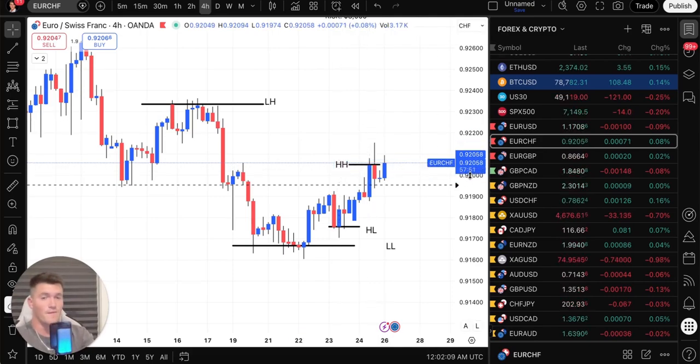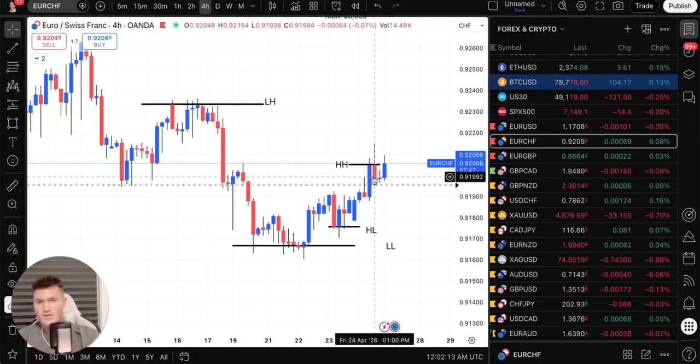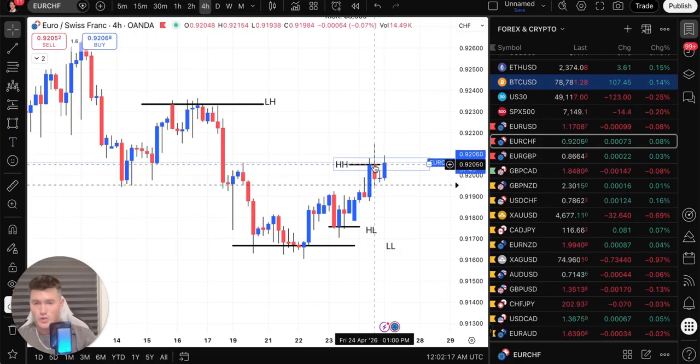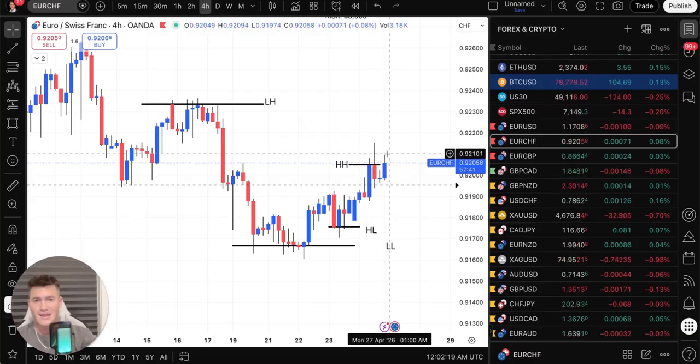Now, in the next 57 minutes, when the 4-hour candlestick closes, if it is above this structure point here, we will then have a new higher high and a new higher low. But for now, let me preface this, you want to always wait for the candlestick to close.